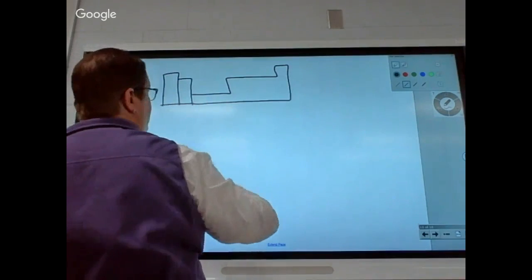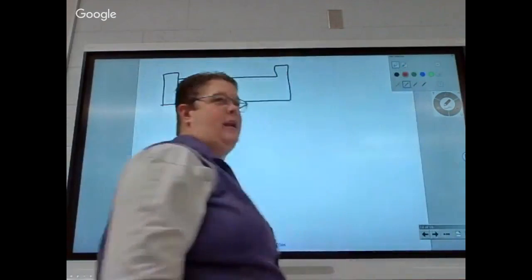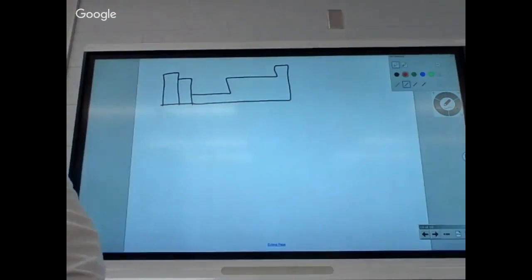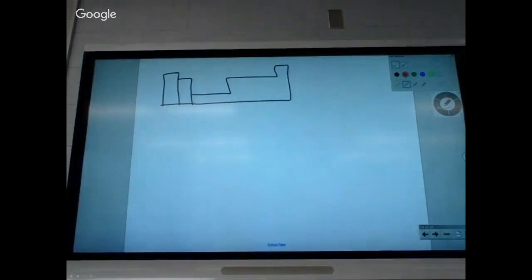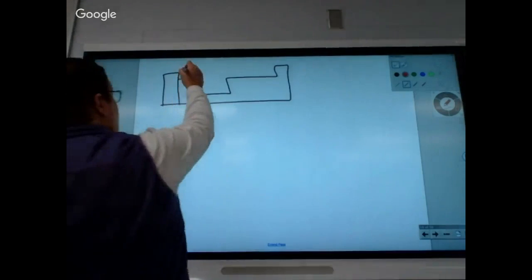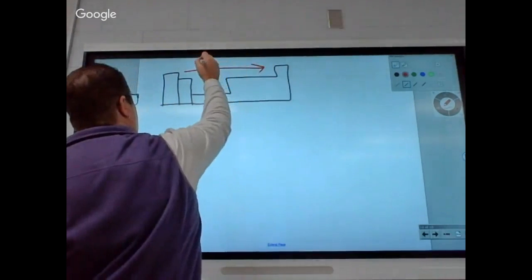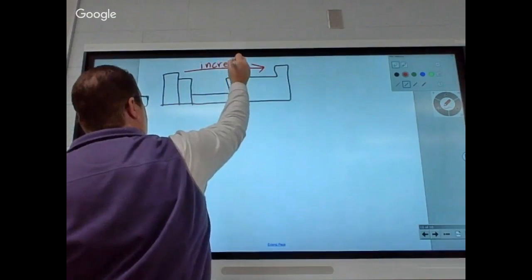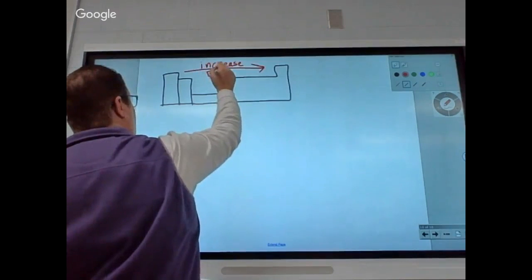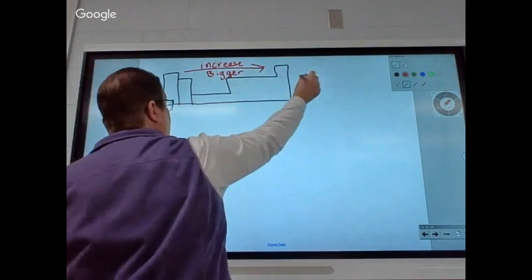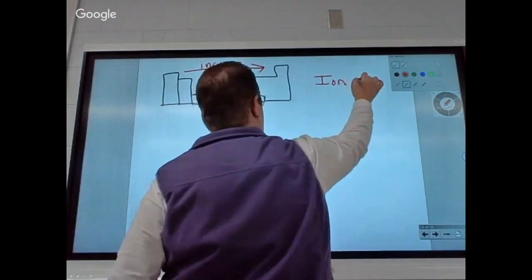All right. So, same thing we did a minute ago. You know, Ms. Wall's visual. I like pictures. So what happens is you go across this time. High energy. Low to high. Okay, so as I go across, it did what? Okay, it increases or gets bigger. Which one is this one? Ionization energy.